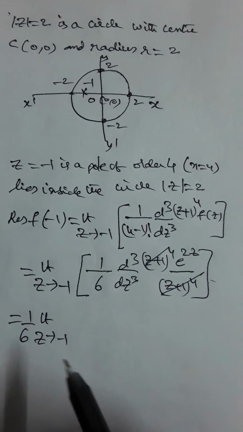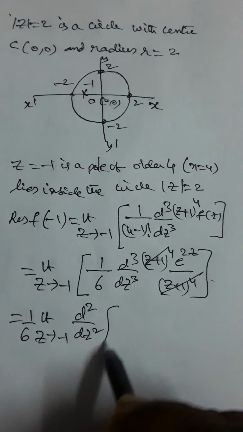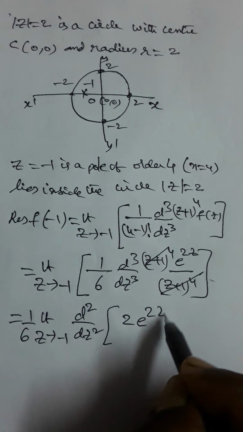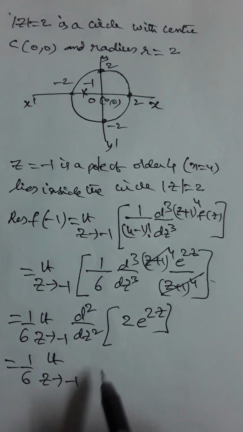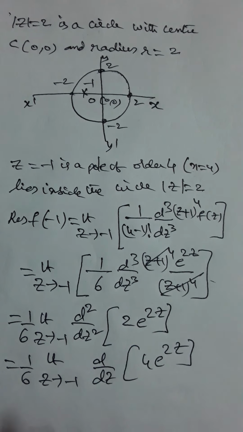Limit z tends to -1. Take the derivative with respect to z. For e^(2z), the derivative is 2e^(2z). Again derivative, 2 into 2, 4e^(2z).